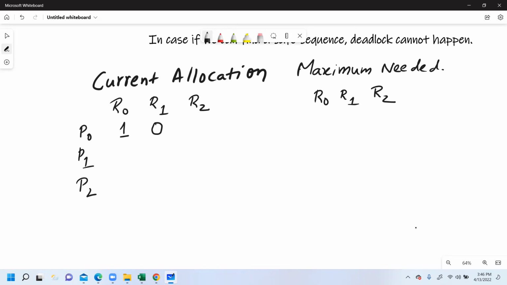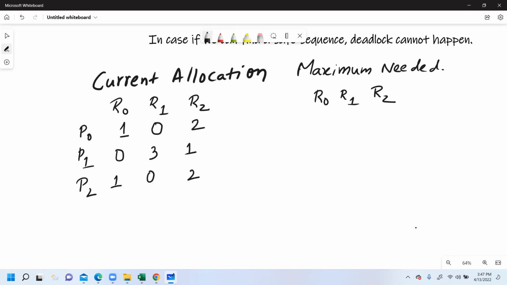And this is 2, currently allocated. So P0 is holding one instance of R0 and 2 instances of R2. P1 is holding 3 instances of R1 and one instance of R2. And P2 is holding 1 instance of R0, 0 instances of R1, and 2 instances of R2.